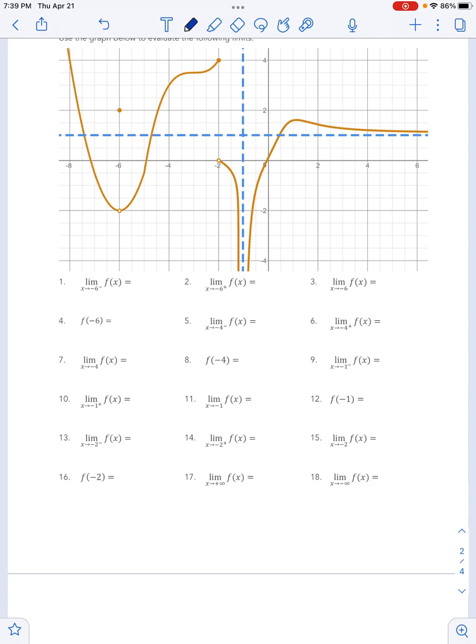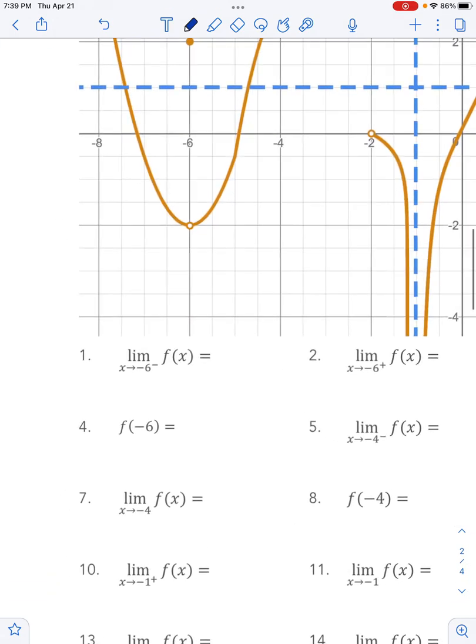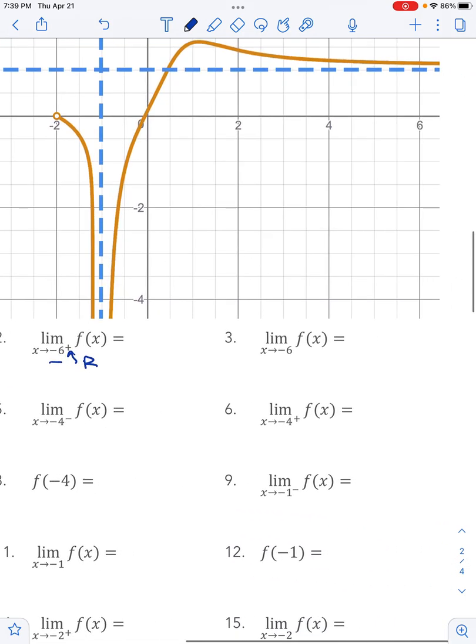All right, round 2. It's going to be the same concept. So I can't see. I'm too old. So the first number we're going to be approaching is -6. This is saying -6 from the left, -6 from the right. Then we're going to see this is overall. So it's asking, is the left-hand limit equal to the right-hand limit?